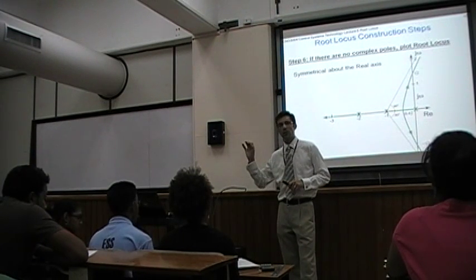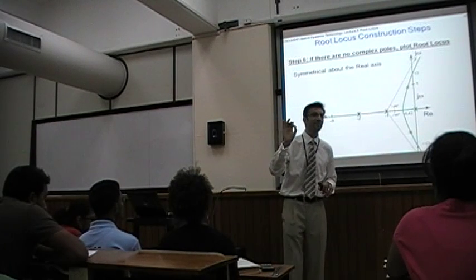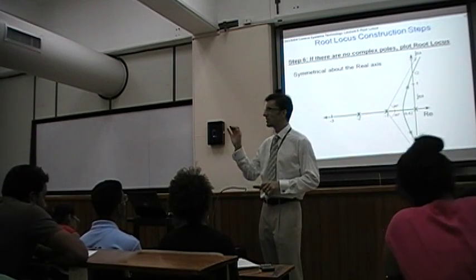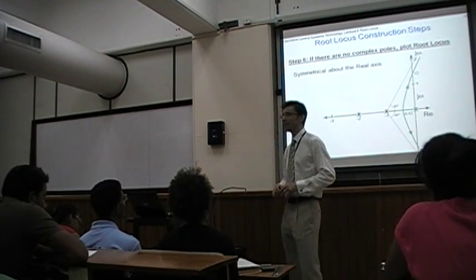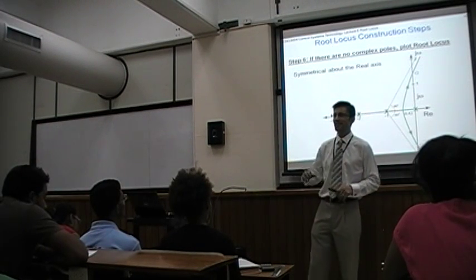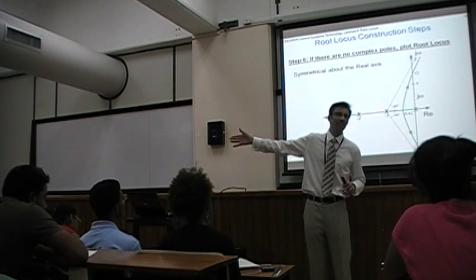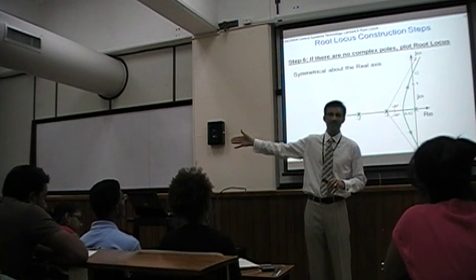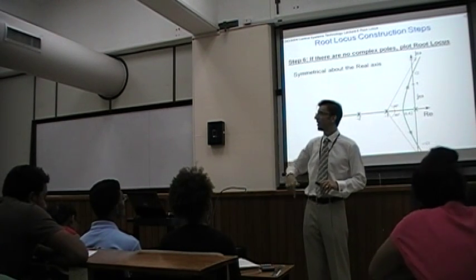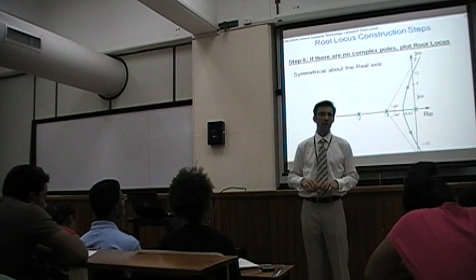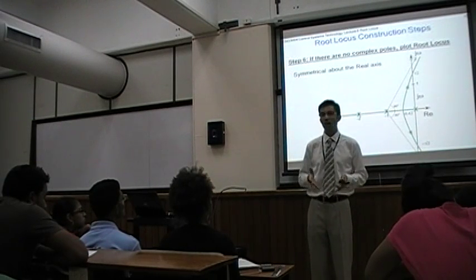You recall we can actually plot the root locus on the real axis? And what was the shortcut I taught you to do that? Where you stand, if you look in the positive direction on the real axis, if there's an odd number of poles or zeros on the real axis, you're on a locus.